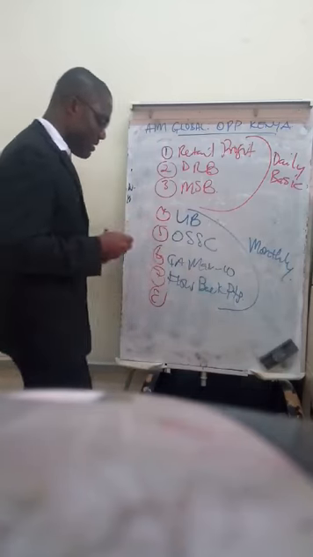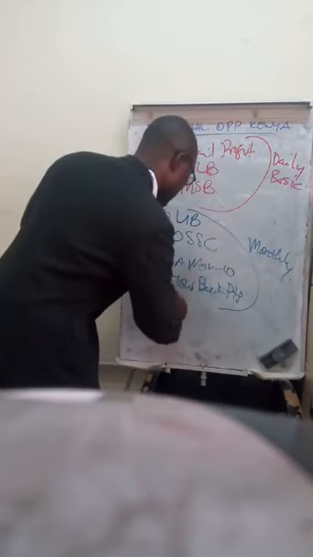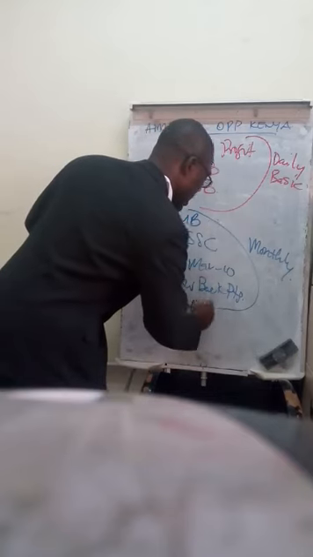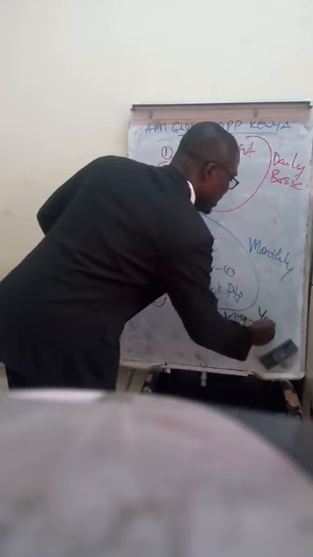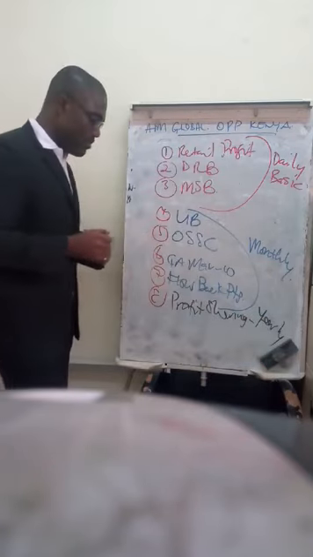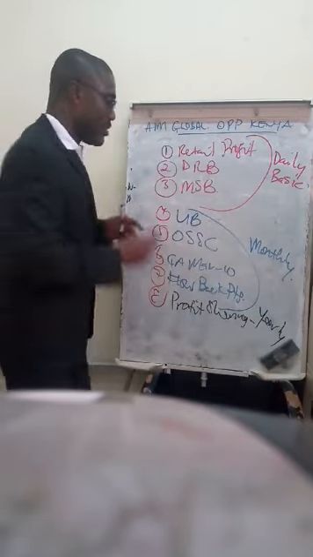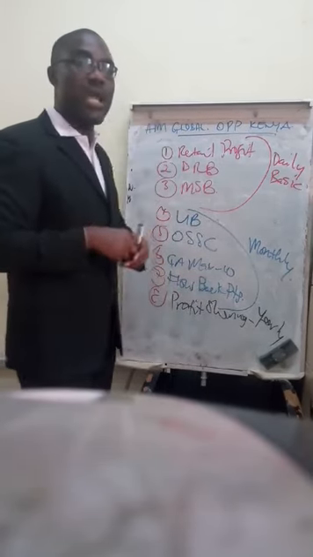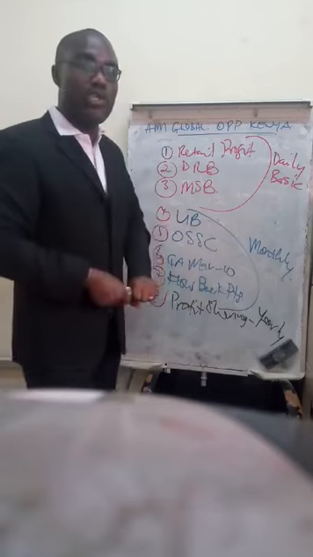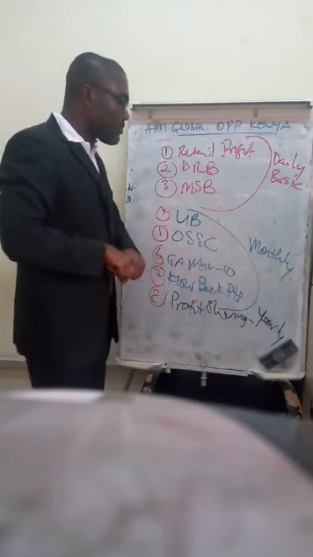The final way of earning is profit sharing, and that is earned on a yearly basis. So these are all the 8 ways of earning in Alliance in Motion Global.